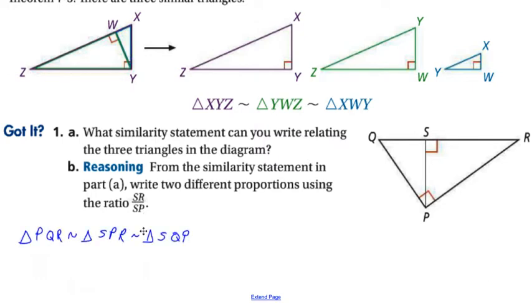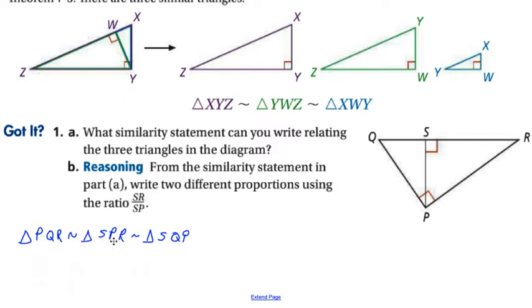So first of all, our similarity statement will be triangle PQR will be similar to triangle SPR, which is similar to triangle SQP. I didn't break those up. You could go ahead and do that and break those up into the same positions to make sure that they line up. And then our part B, the 2 different proportions we could write, SR to SP.